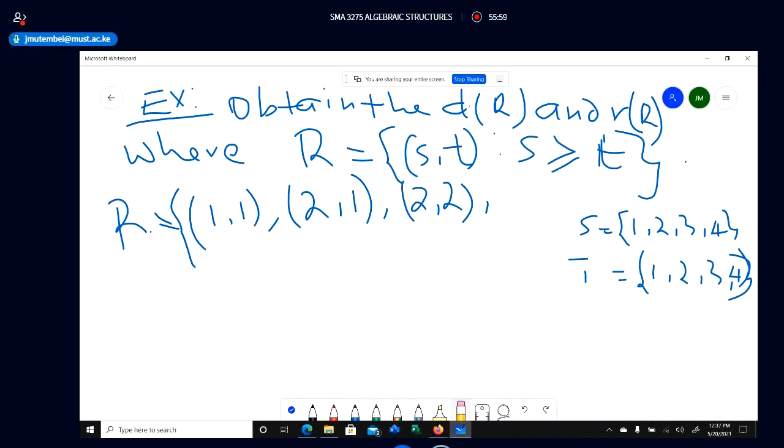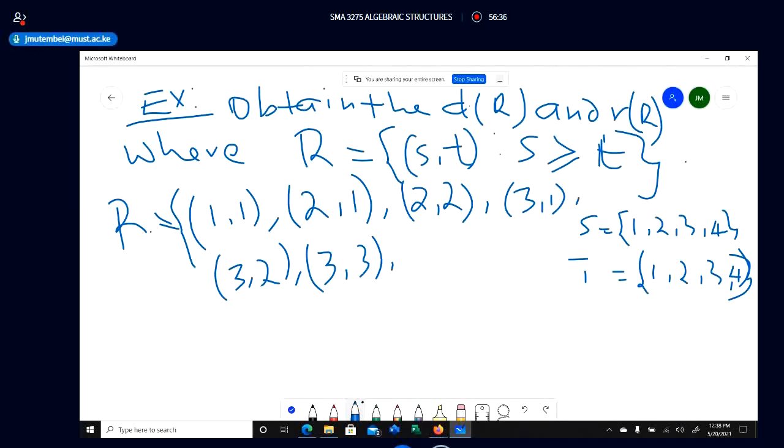So (2, 3) will not work there. (2, 4) will not. (3, 1), 3 is greater than 1, so we have (3, 1). (3, 2) will also belong there because 3 is greater than 2. Will (3, 3) be a member? (3, 3) will belong because 3 is equal to 3.